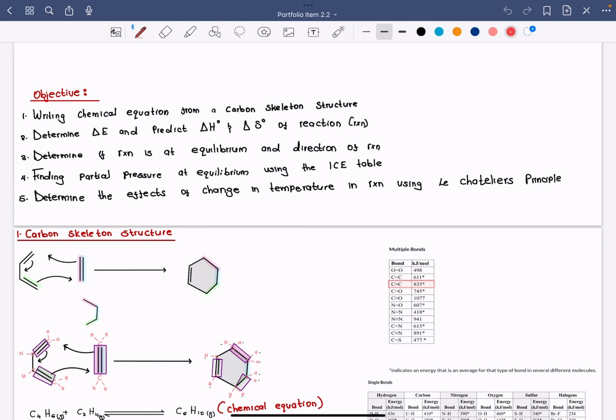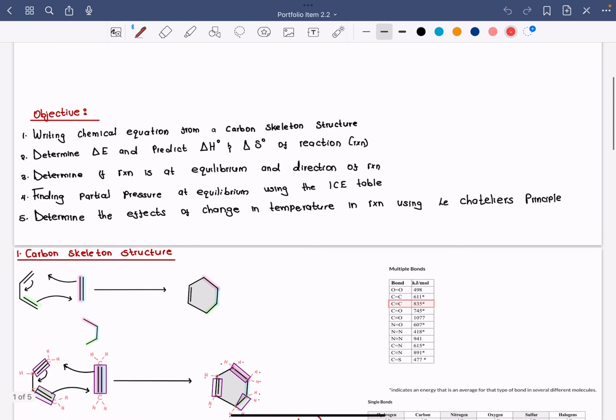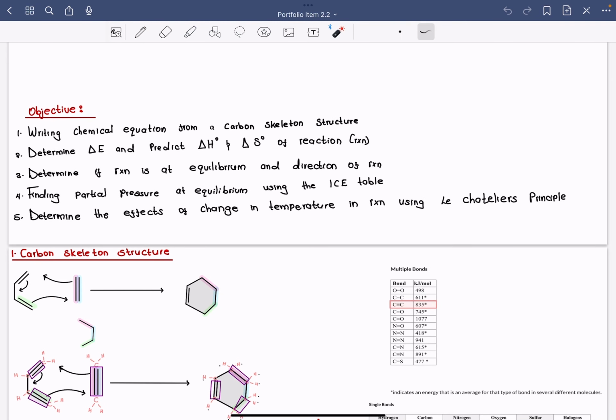Hello. So in today's video, we are going to discuss how to write chemical equations from carbon skeleton structures, and then we're going to be finding the delta E, which is the change in energy from the bonds that are being broken and formed. From that we're going to predict the delta H and the delta S for the reaction, and then determine if the reaction is at equilibrium, and if not, what the direction of the reaction will be.